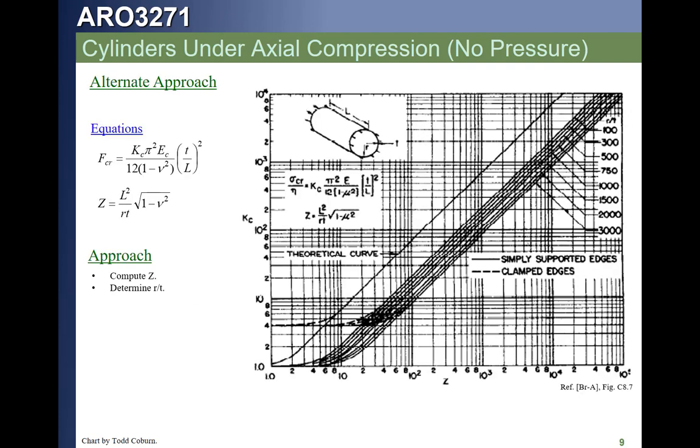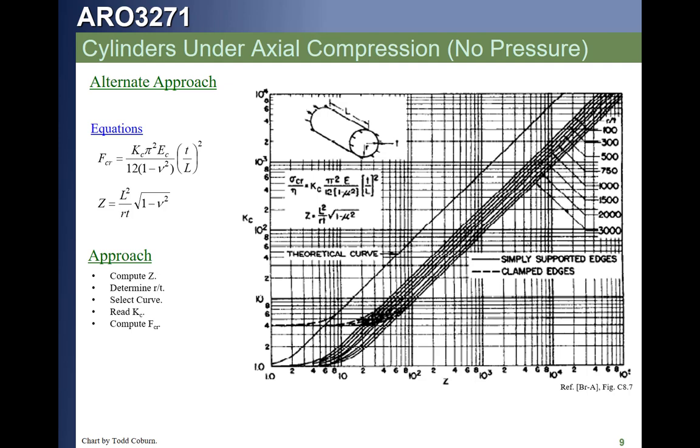You'll notice this curve is like all the curves from the last slide put together. We aren't going to use this curve at all unless we fall outside of that R over T range of 100 to 2000. If we fall within that range, using the last slide will probably give us a value that's easier to read.